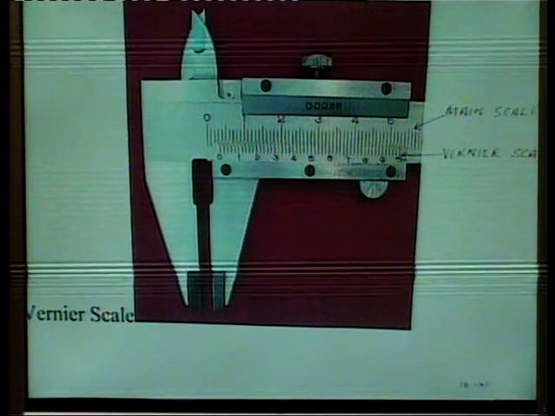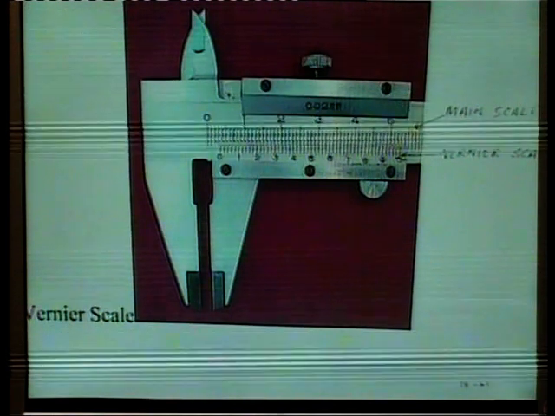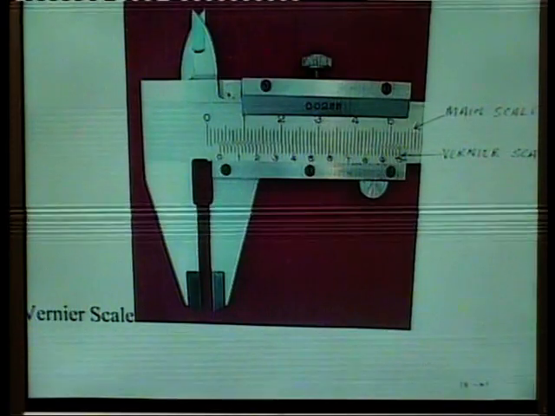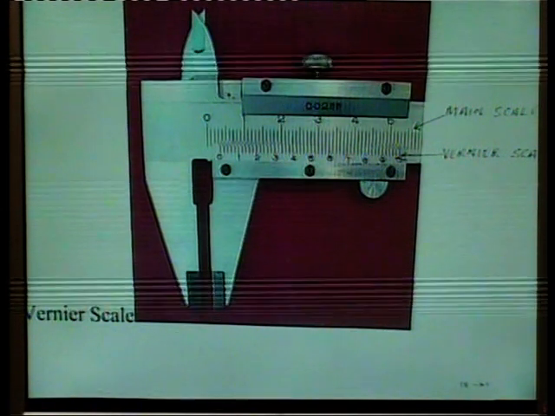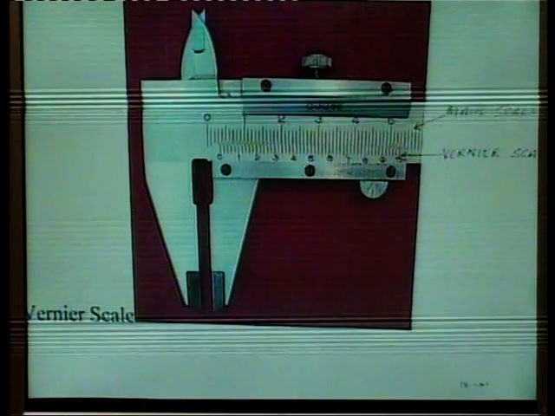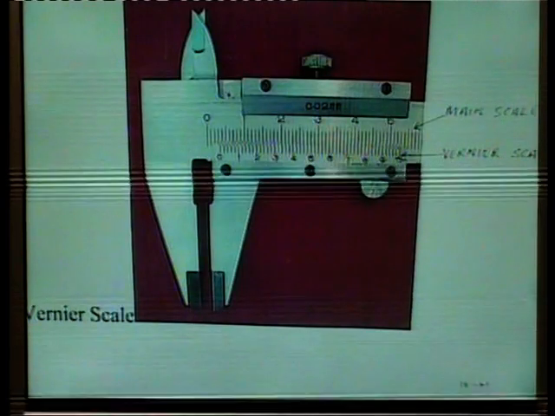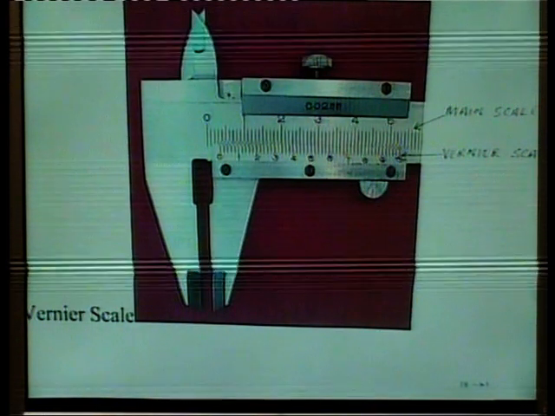Now, adjust the workpiece between the two jaws. Excessive pressure should not be applied on the workpiece while fitting it between the two jaws. Now, take the reading on the main scale in millimeters, observing the division just to the left of the zero of the vernier scale.